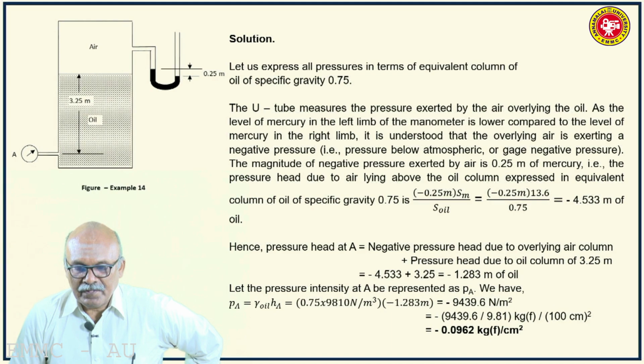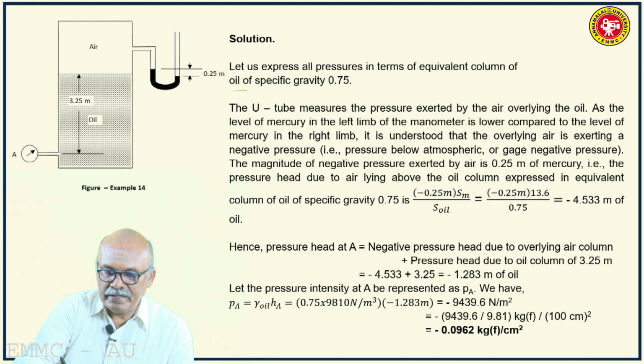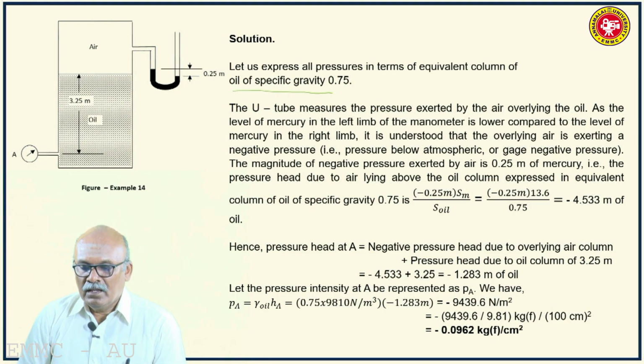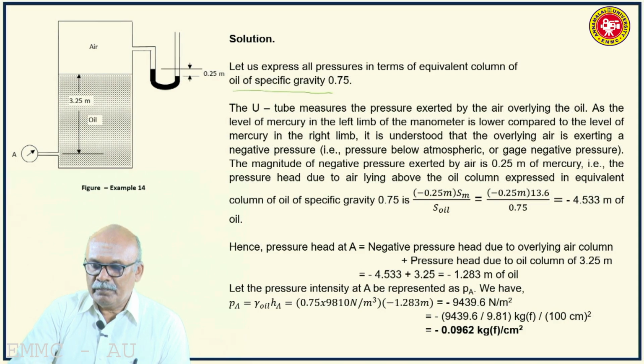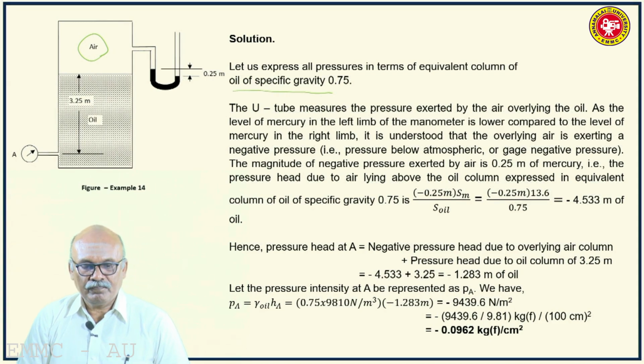First, let us express all pressures in terms of equivalent column of oil of specific gravity 0.75. There is oil stored in the vessel, so the U-tube measures the pressure exerted by air overlying the oil, because the left limb of the U-tube manometer is connected to that space.